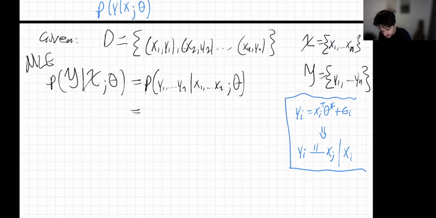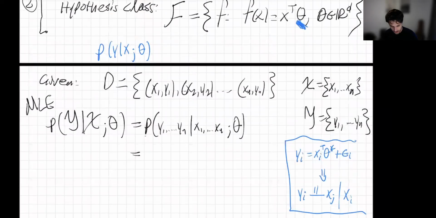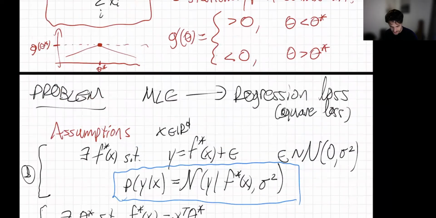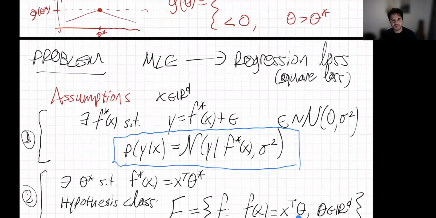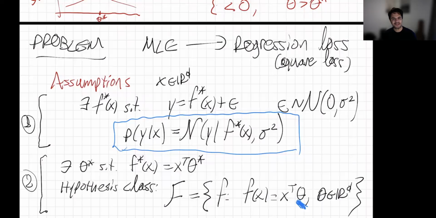In particular, we're not examining here whether xi and xj are dependent or not. I don't want to spend too much time discussing this, but in this whole set of assumptions, we haven't said much about the distribution of x's. It doesn't matter, it turns out. In this particular exercise, it's only this conditional that matters.